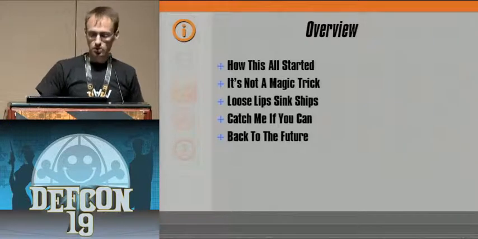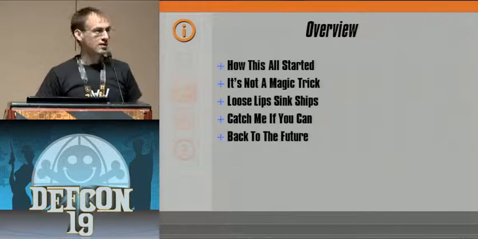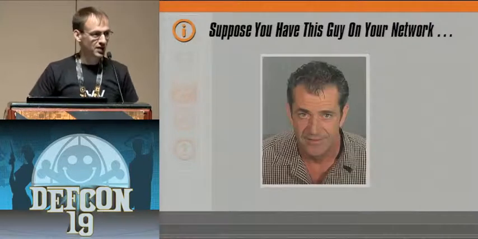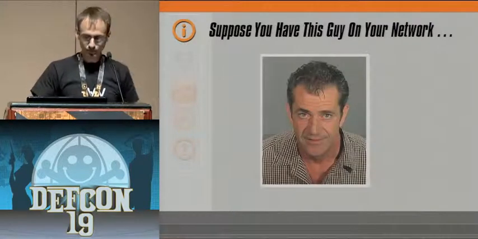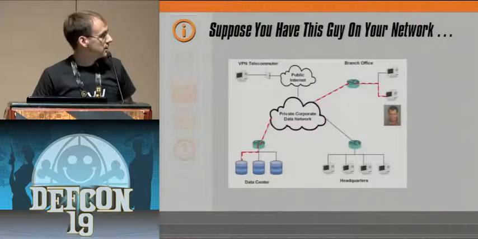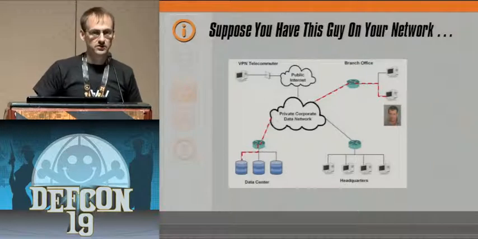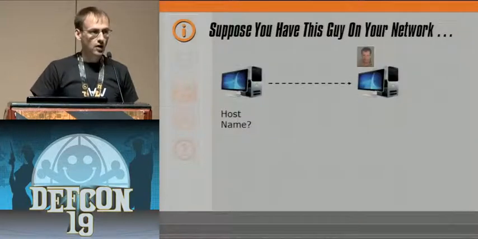Okay? So we'll start with, suppose you have this guy on your network. You really don't know what you're going to get, right? And this guy is involved in some suspicious, possibly malicious activity on your network. How do you identify him?